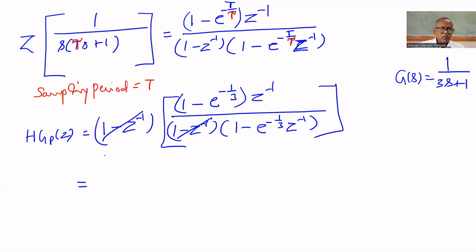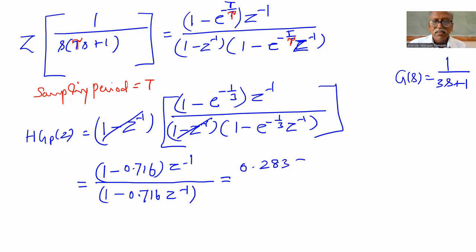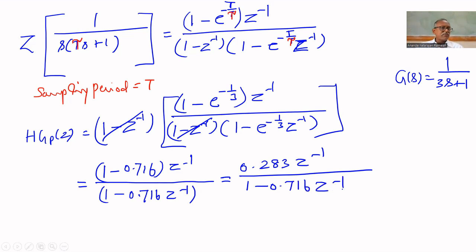Therefore, HGP of z equal to 1 minus e power minus 0.33, which is 0.716, so 0.283 z power minus 1 whole divided by 1 minus 0.716 z power minus 1. This is HGP of z.